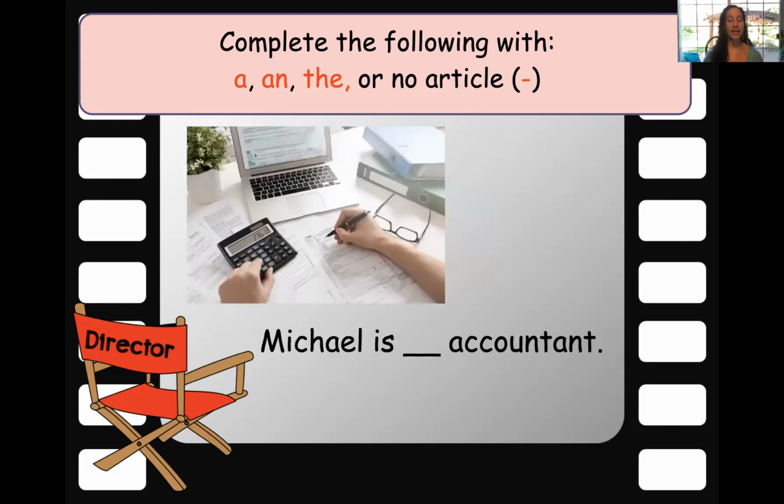Michael is blank accountant. Now, what does it sound like? And what is it? An accountant. Remember, short vowel. So it sounds like a vowel. Michael is an accountant.